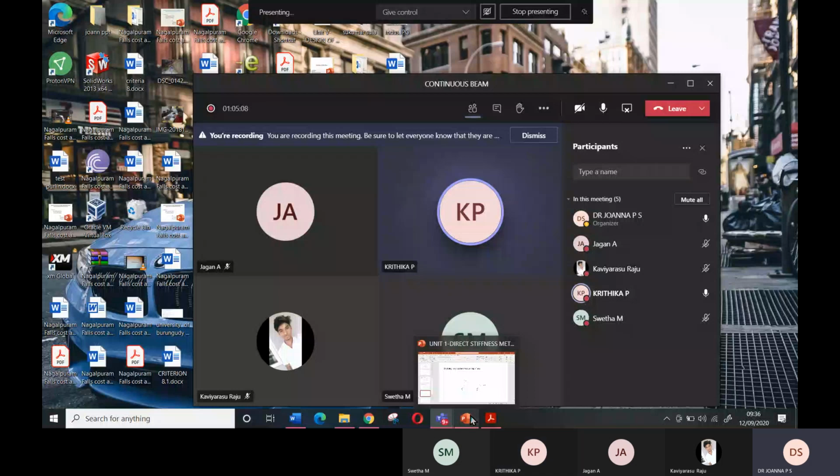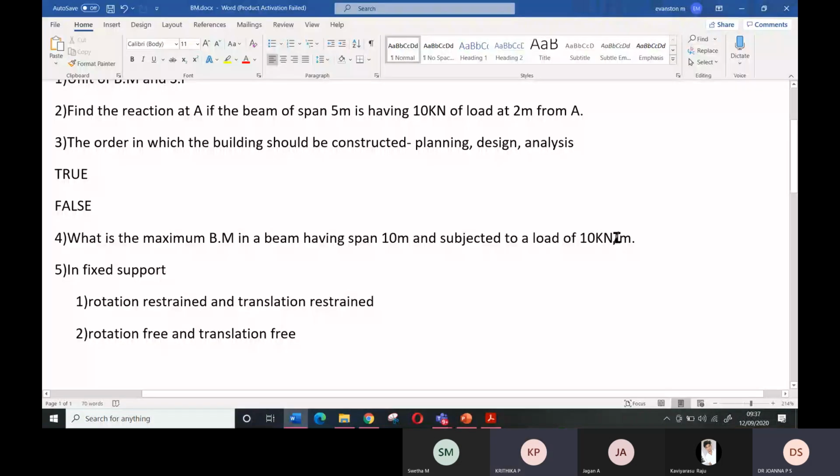How much is RA? 6 kilonewton, ma'am. 6 or 3? Sweda, what is your answer? R is equal to 6, ma'am. What is the distance, 2 meter from A? That is 10 into 3. Okay, okay. Okay, 6 only. That's the correct answer.